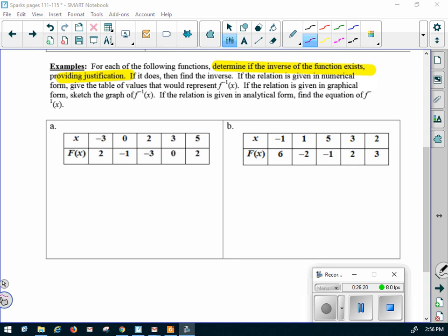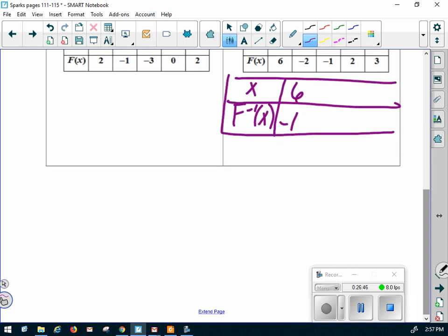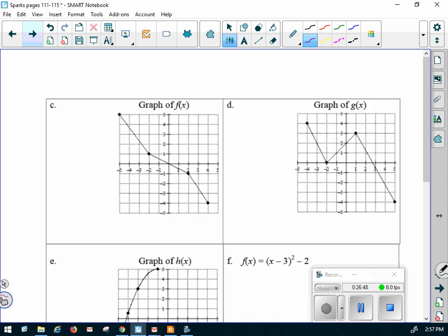Now look at the table that the author made to show the inverse. Look what he did. He wrote x, f inverse of x, and made his table. What's going to be the first point in my new table, in my inverse? 6, negative 1. Yeah. Questions? Okay. Is this where we are? We good?